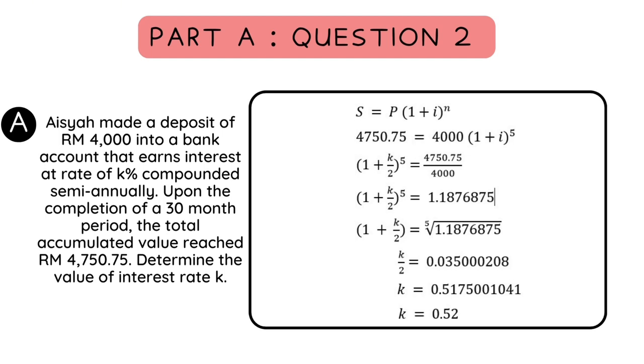The formula is S equals P open bracket 1 plus I close bracket to the power of N. 4,750.75 equals 4,000 open bracket 1 plus I close bracket to the power of 5. 4,750.75 per 4,000 and we get the answer 1.1876875.